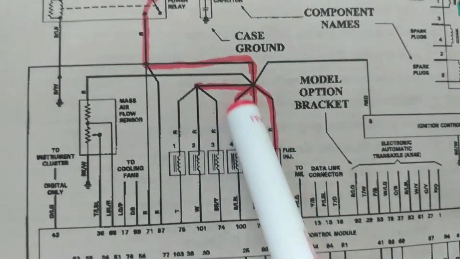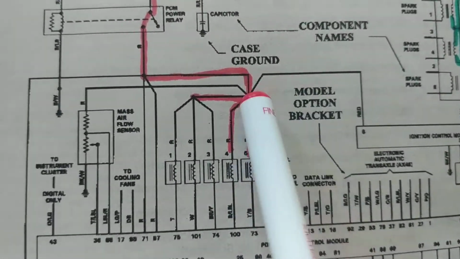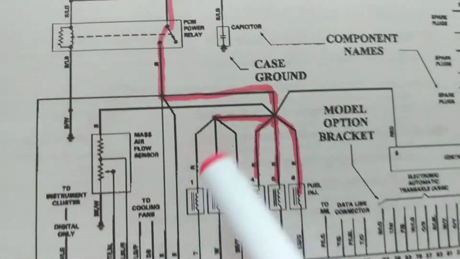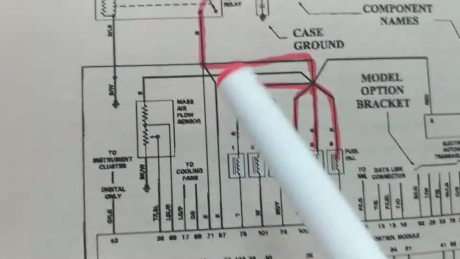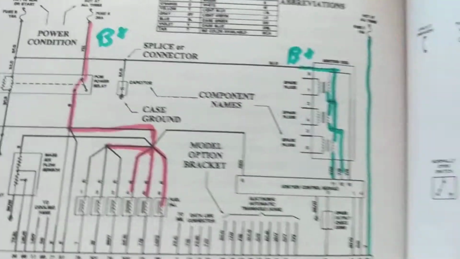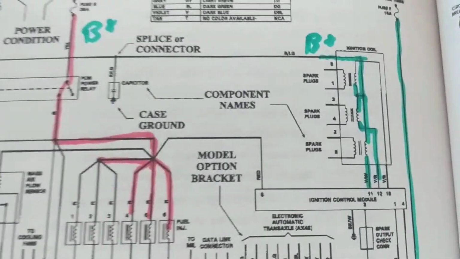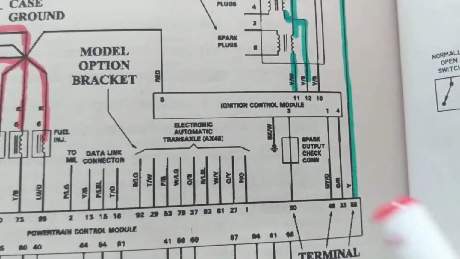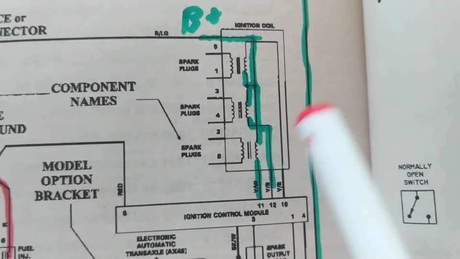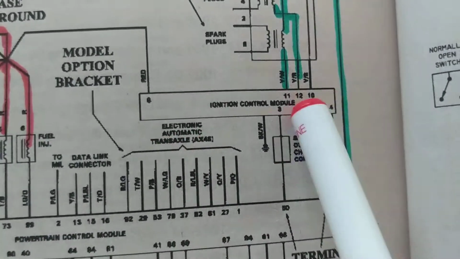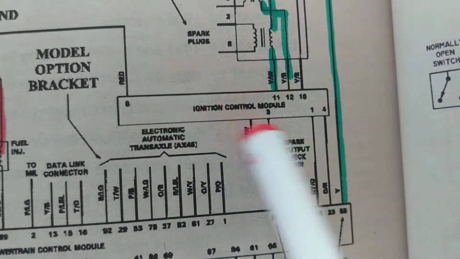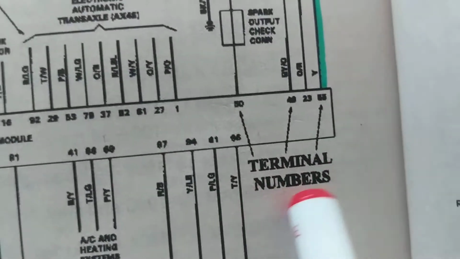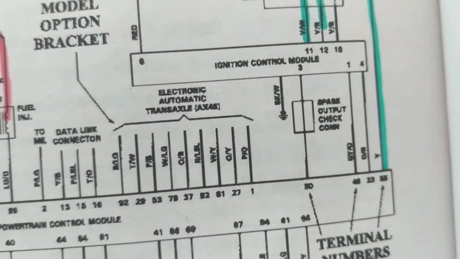Now, once you see so many lines, that means usually it's B+. See all this? B+, B+. See this? B+, B+, B+. So therefore, look for these things. The other thing is, now, ignition control module over here, we have ignition coil. Modules, when you see a lot of numbers, that means they are signifying the terminal numbers, the pins.